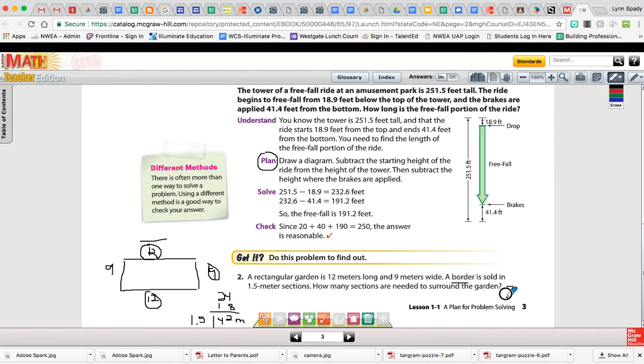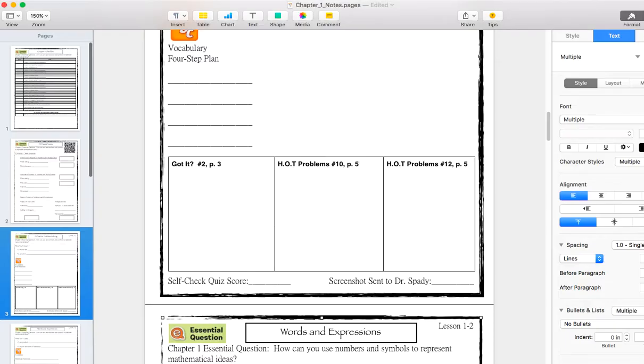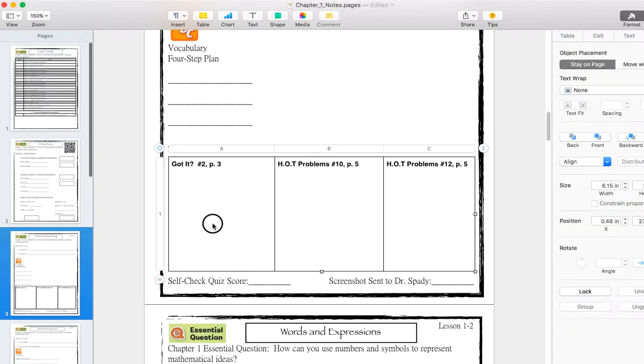My answer would be 28 sections. Okay, and make sure you label your problems with the proper label. In this case, sections is what the question is asking. And since 28 times 1.5 equals 42, the answer is reasonable. Okay, so I want you to show that work, what I just did here, on your note sheet right in this box right here.